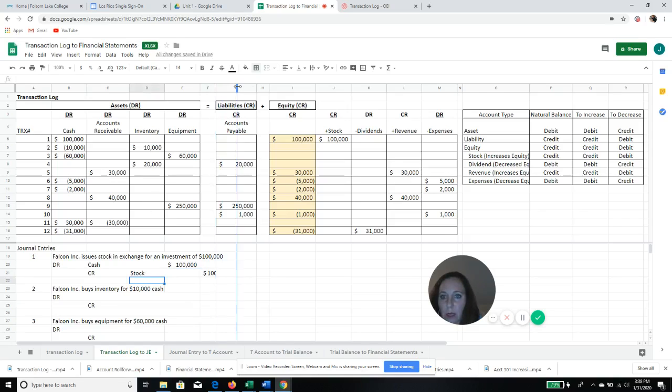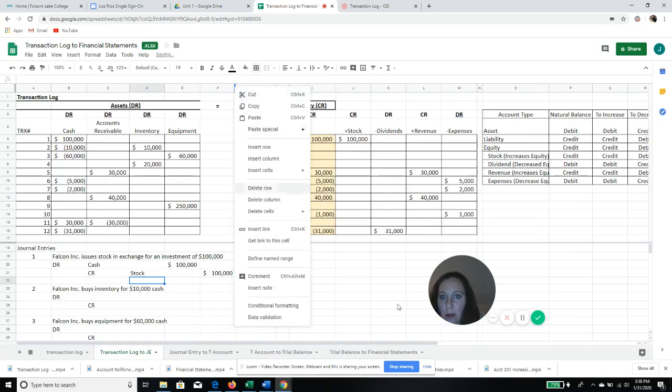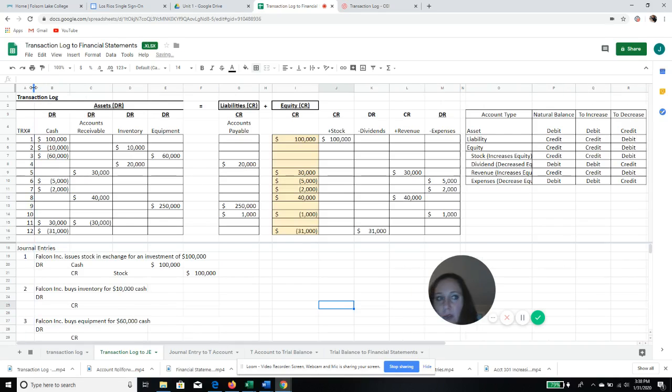To make that a little wider so we can see it. Okay, here we go. All right, let's make this one a little narrower so that we can see our whole thing. All right, the next one, we bought inventory for $10,000 cash. So we increased inventory by $10,000.